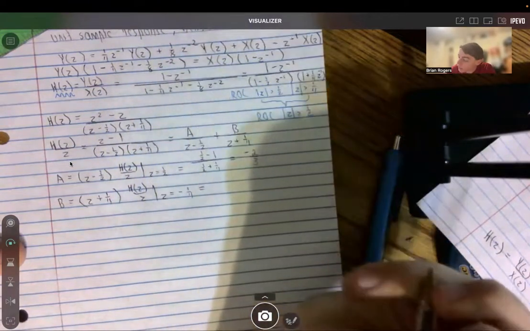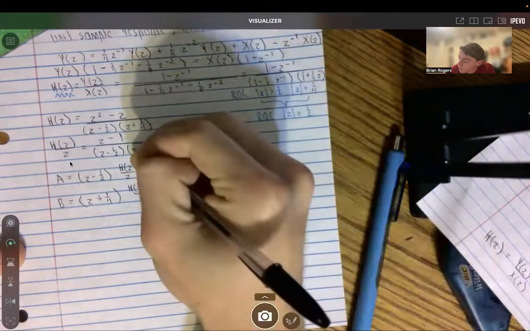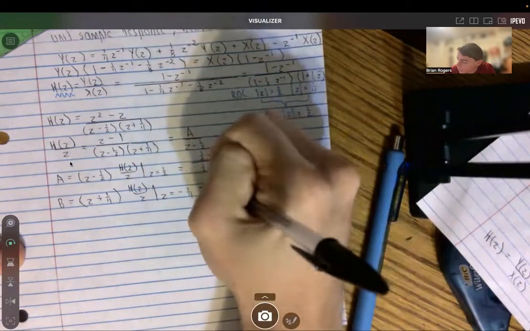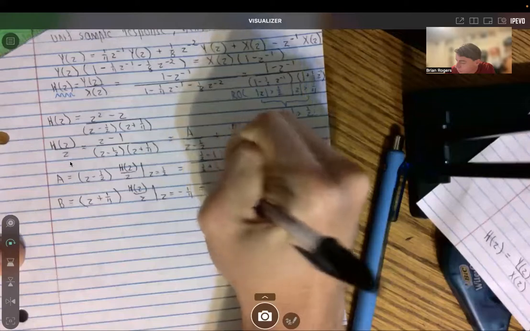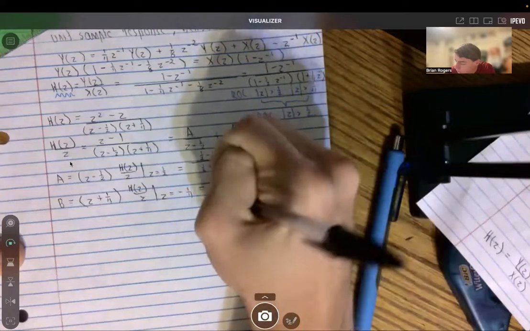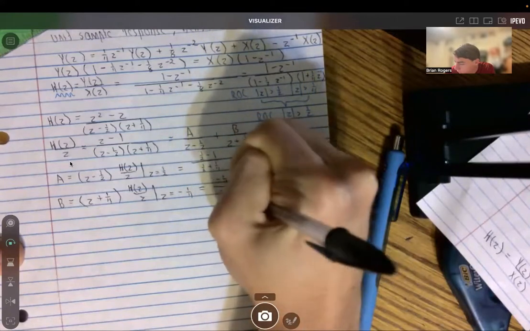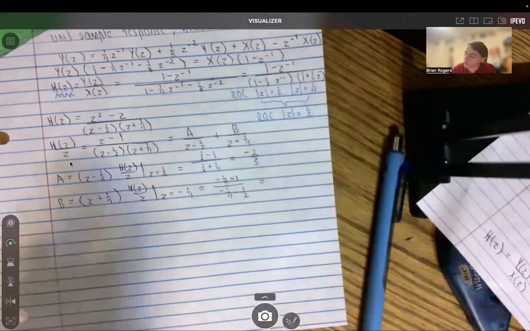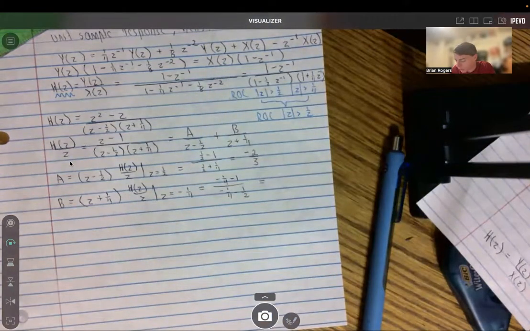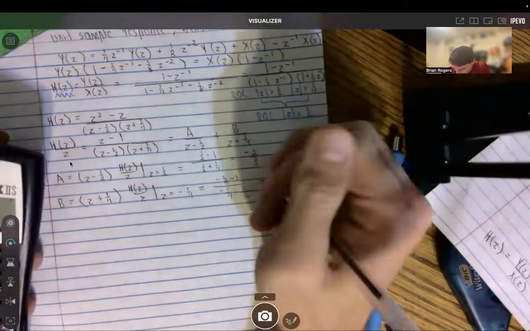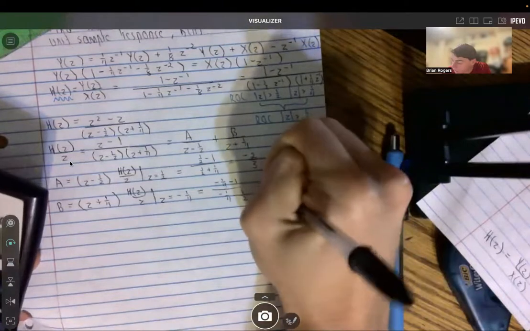So when you multiply this by (z + 1/4), you're going to get (−1/4 − 1) all over (−1/4 − 1/2). And now when you plug that into your calculator, your result is 5/3. Okay, so now we got our A and our B terms that we solved for.